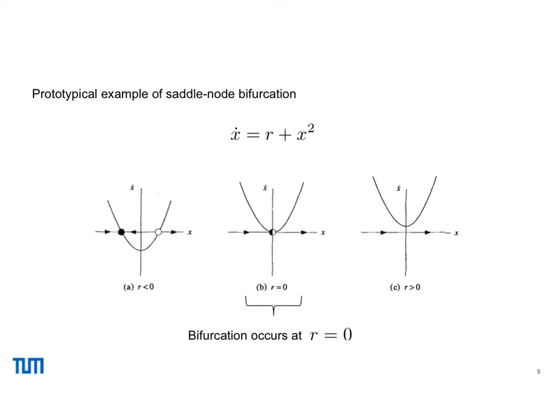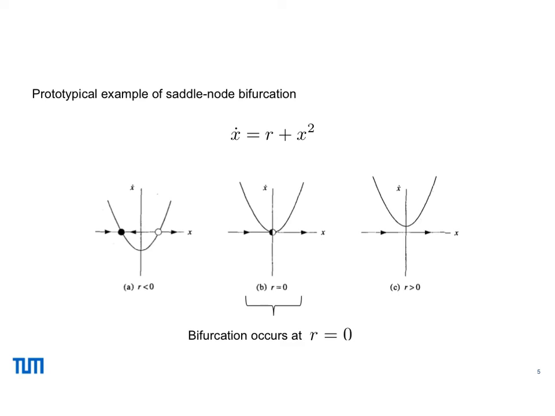Based on what we learned last class, when r is negative you have a function like this. It intersects the x-axis at two different points. The one with the negative slope is going to be an attractor. The one with positive slope is going to be a repeller. This is something we already saw.